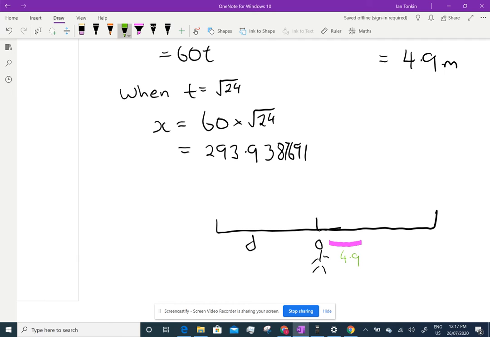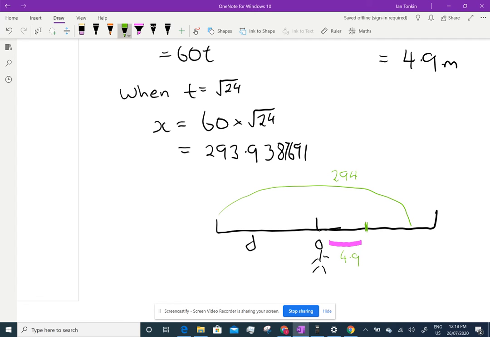And the canister with the life raft needs to land within 50 meters of the sailor. So the sailor is going to be here. The sailor has to be 50 meters from where this thing's going to land. Now, the canister is going to land 294 meters. It could be smaller, it could be bigger. It's going to land here. Let's say that's 294.